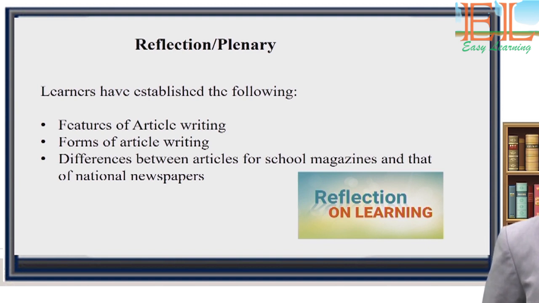We have also seen that there are forms of articles: those meant for school magazine, as we have been writing, some for the local magazine, some for national newspapers, and some for international magazines. Learners, for knowing all these things about article writing and the forms, I hope anytime you have a chance to produce an article, you produce very good work.